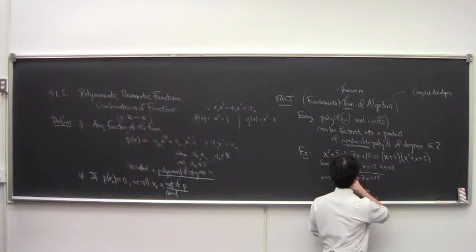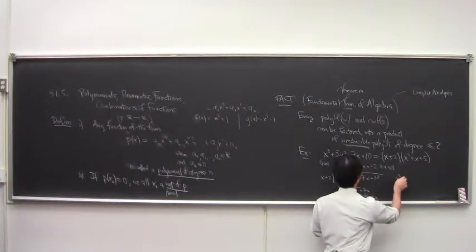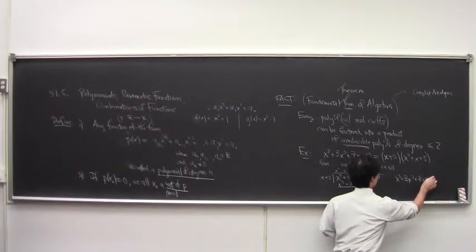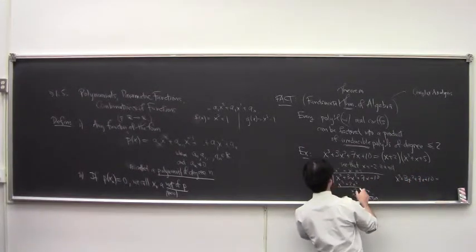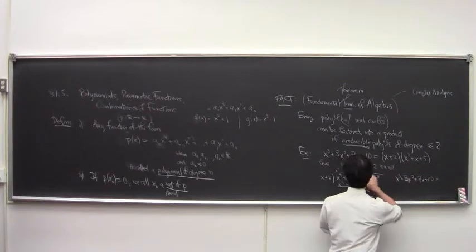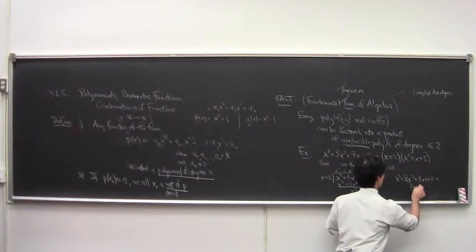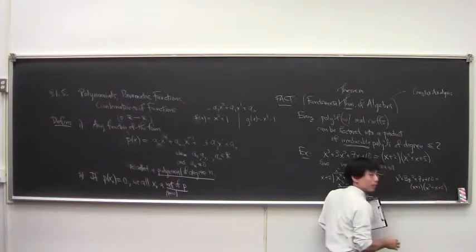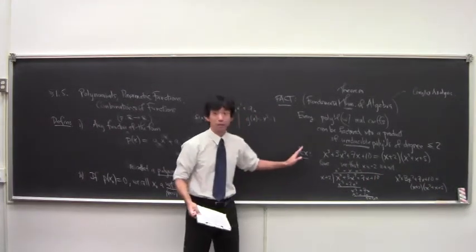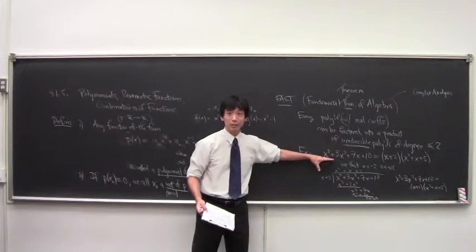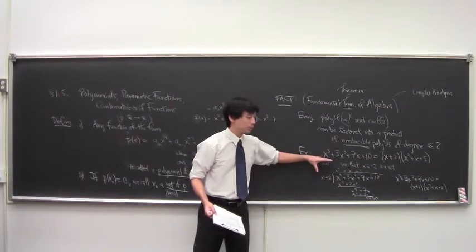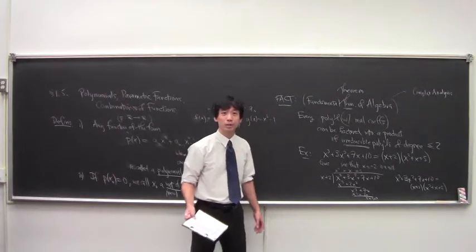You see that this thing is the product. So you can do long division. The digression here is that one can do long division with polynomials just as you do with integers.